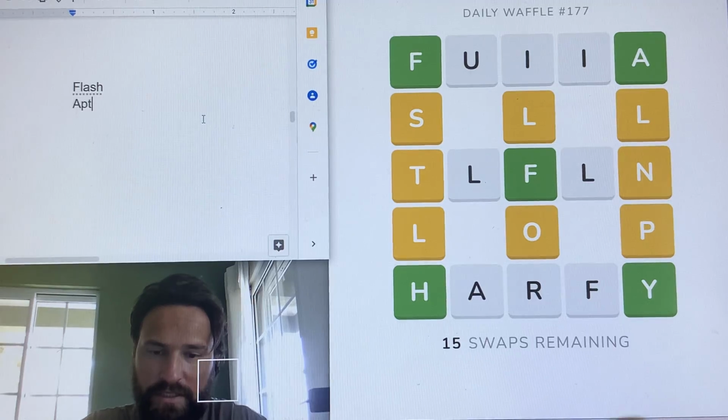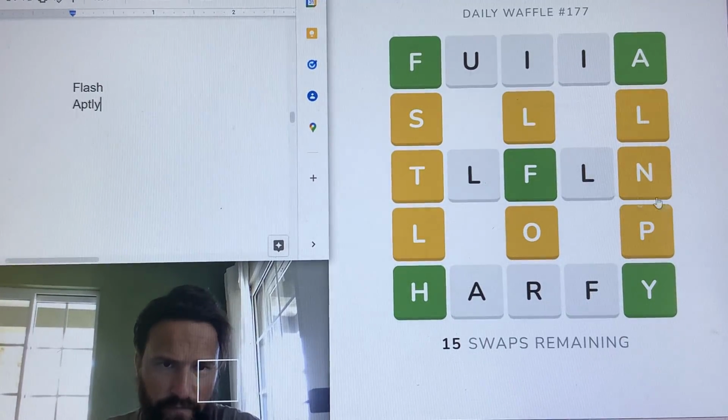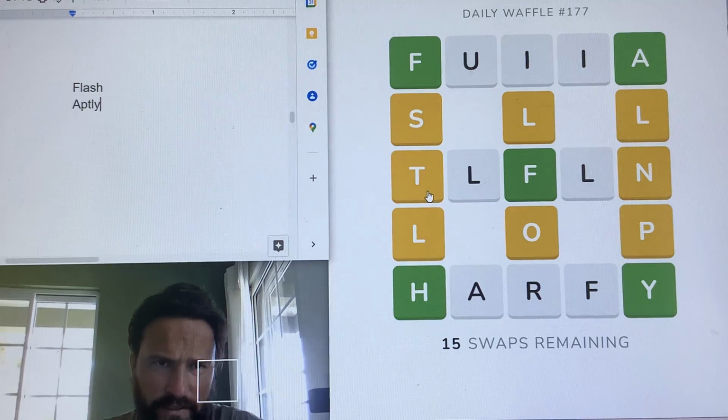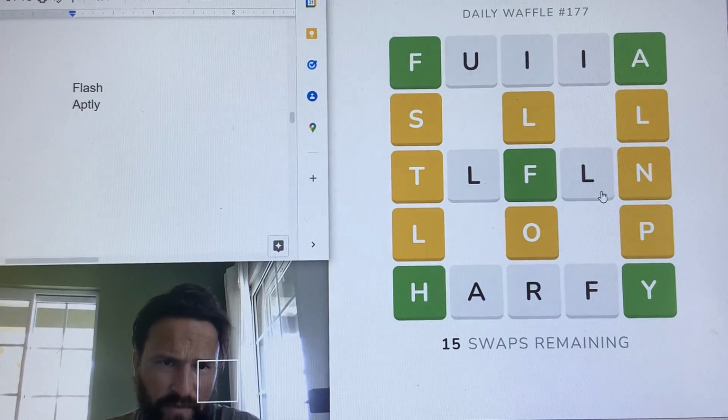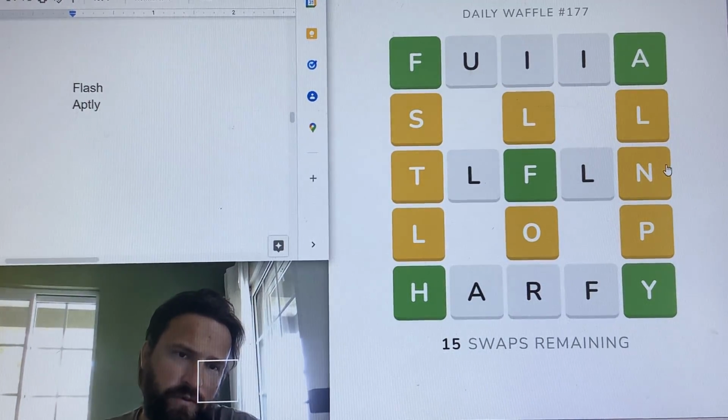So A-P-T-L-Y. So far, if what I've got so far is correct, this word should be A blank F blank T. So maybe an I would go here. Something foot. There has to be a vowel here between the F and the T, right?